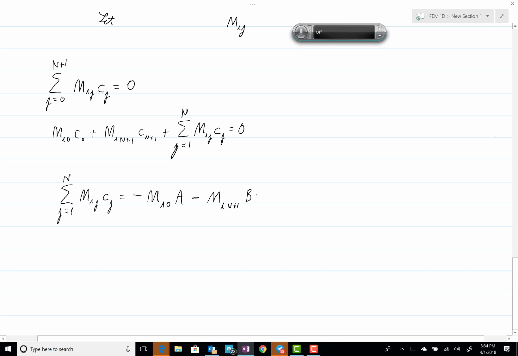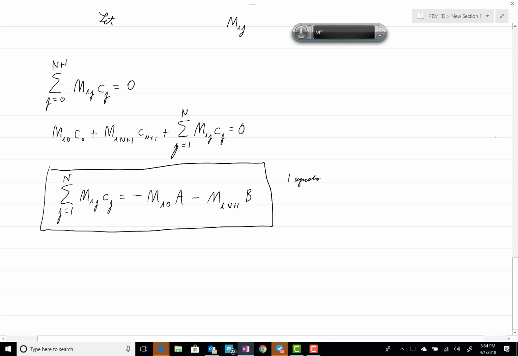Now, this is a single equation in the n unknowns C1, C2, ... Cn. Keep in mind that the M's are not unknowns.